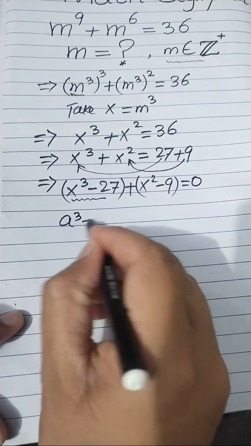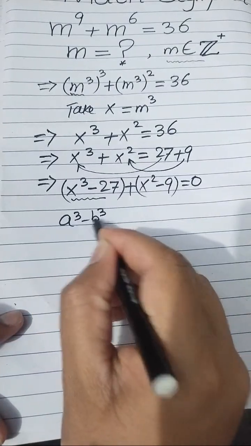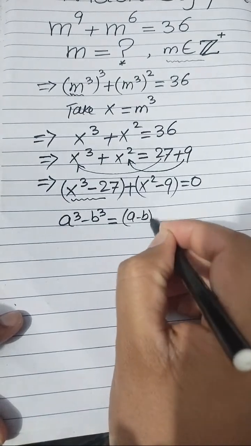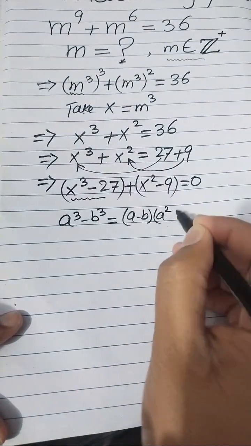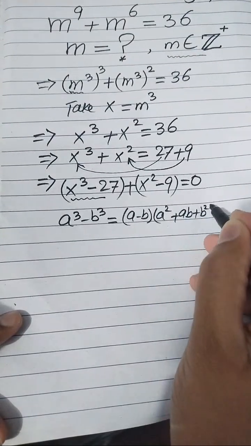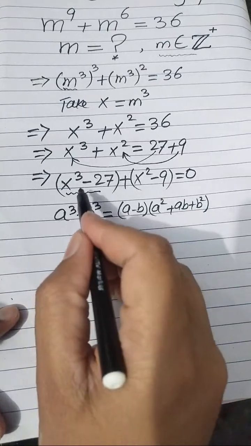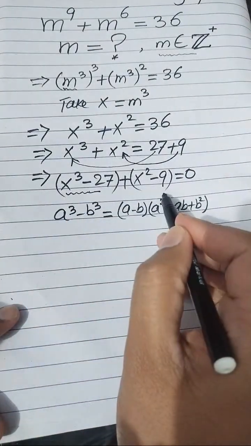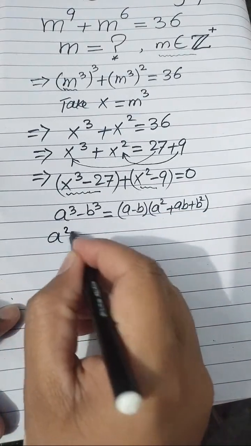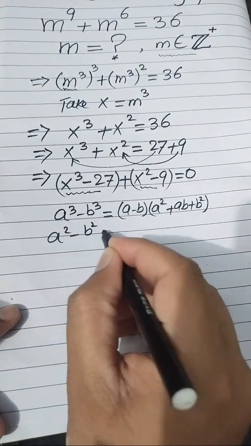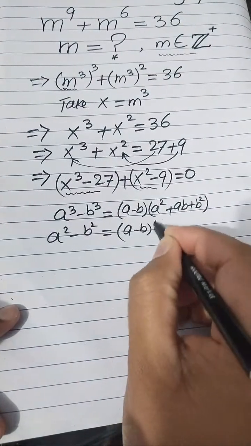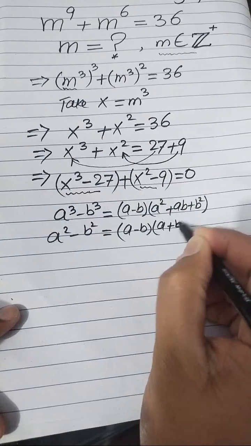Here we will apply the cubic formula. If we have a cubed minus b cubed, it is equal to a minus b times a squared plus ab plus b squared. In this part we will apply this formula, and in the other part we will apply another formula: a squared minus b squared is equal to a minus b times a plus b.